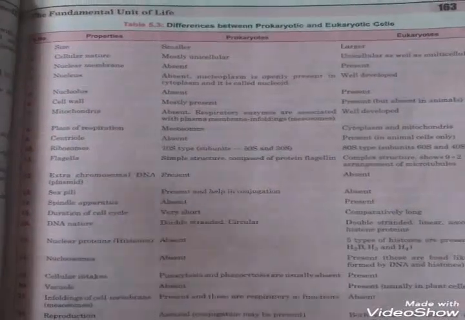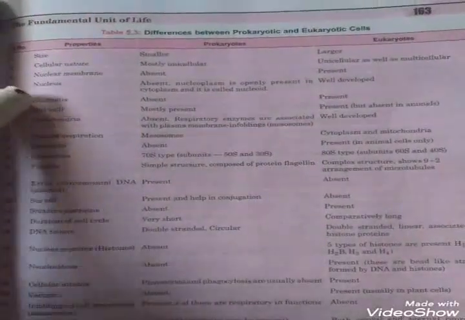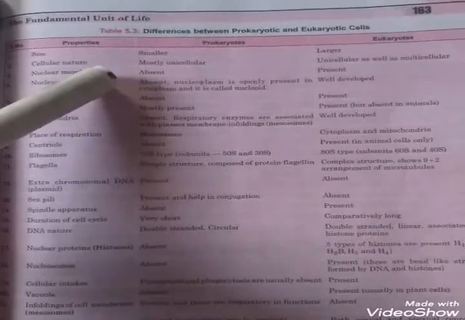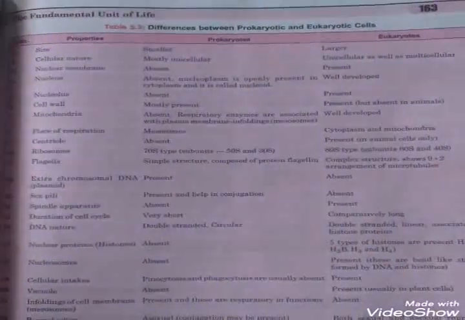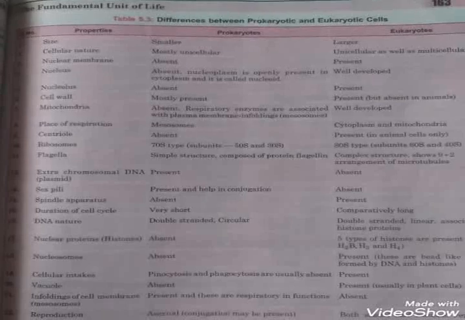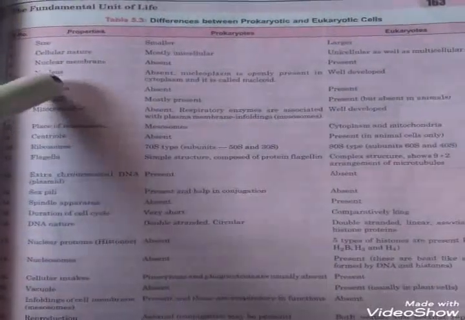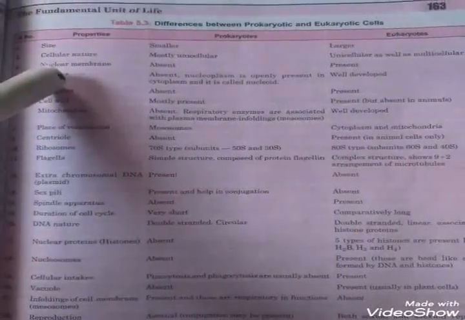First, the property is size. Prokaryotes are mostly smaller and eukaryotes are larger. Second is the cellular nature.